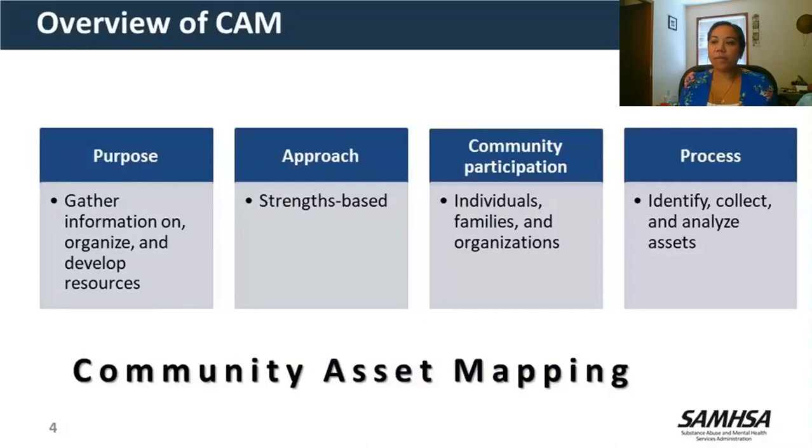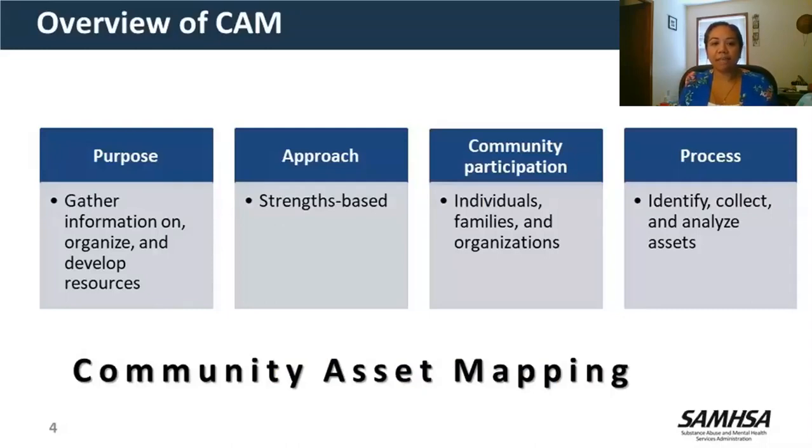It can be used to build support for policy initiatives, or to develop programming that addresses a community need. Instead of being focused on deficits, it focuses on the strengths of a community, strengths that are defined and identified by community members.